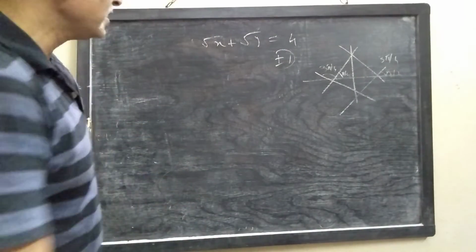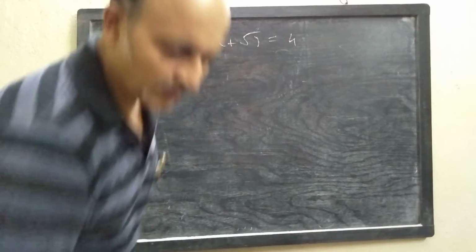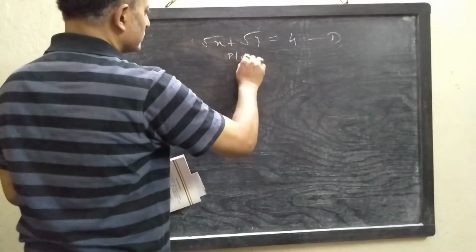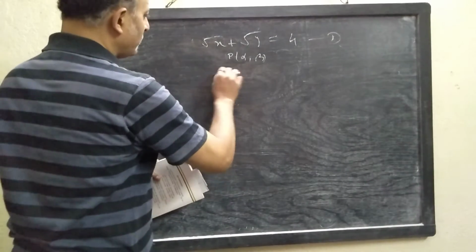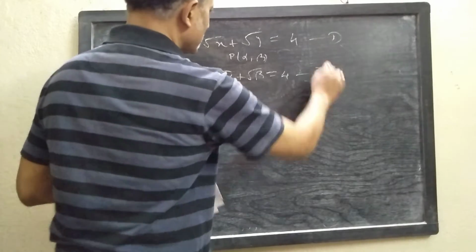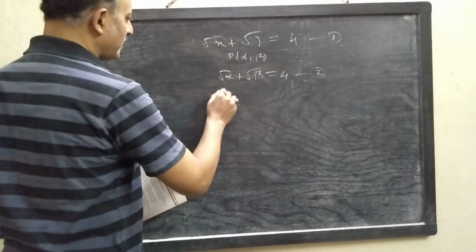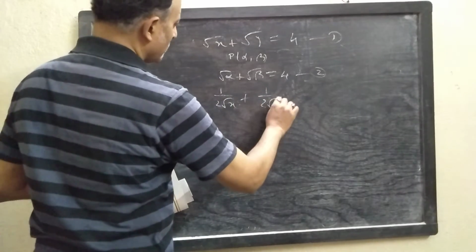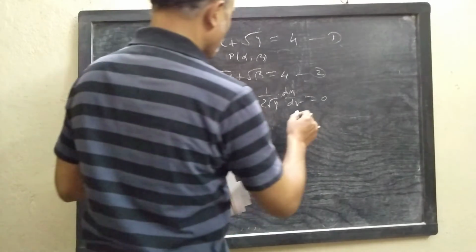So first line, let the coordinate of the point on the curve be alpha beta. As the point alpha beta lies on the given curve, so you have root alpha plus root beta equals to 4. This is number 2. Now differentiating both sides of 1 with respect to x, we get 1 by 2 root x, 1 by 2 root y dy dx equals to 0.